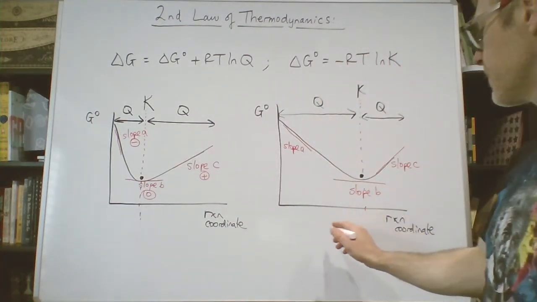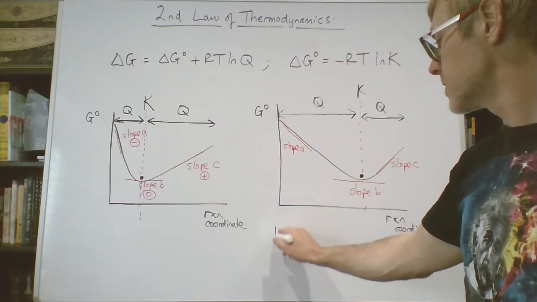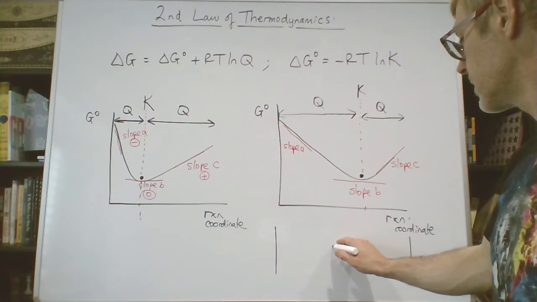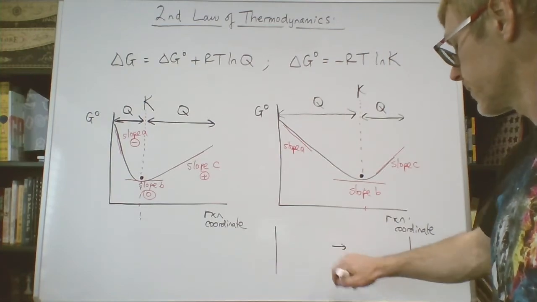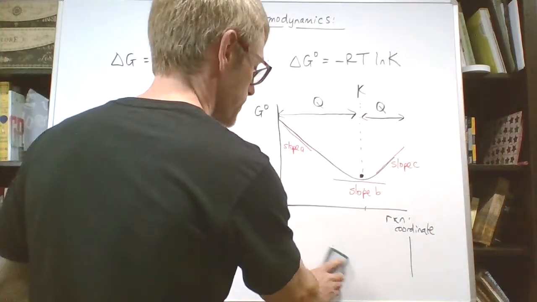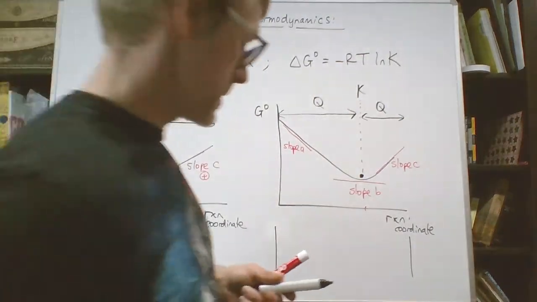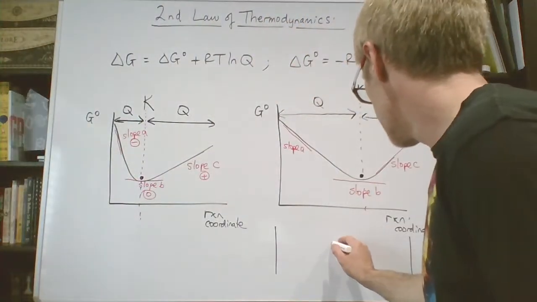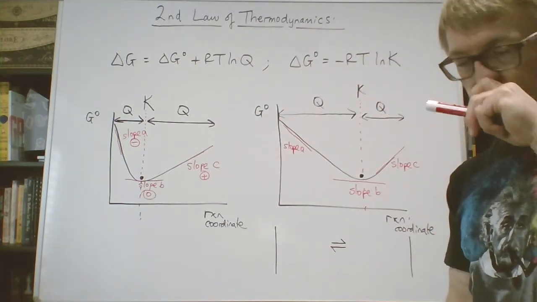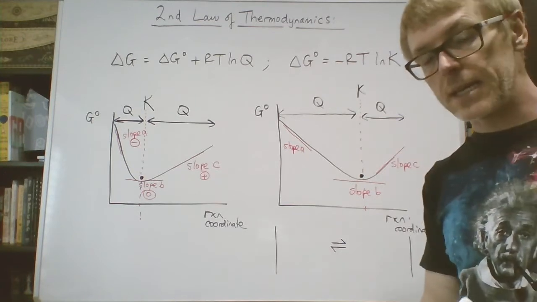So let's say if I were to look at this reaction coordinate and I said that, if I actually use the right notation, which is a single-headed arrow for equilibrium, not a double-headed arrow. Double-headed arrows mean reversible. Single-headed arrows mean equilibrium.